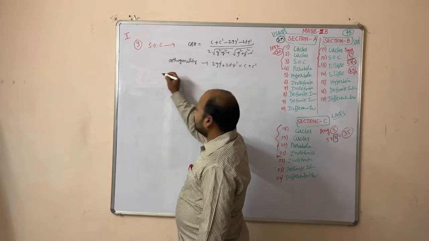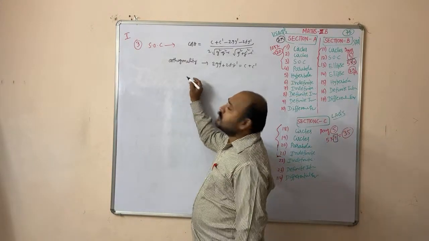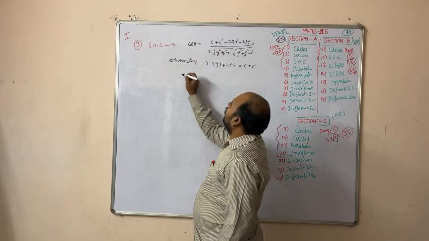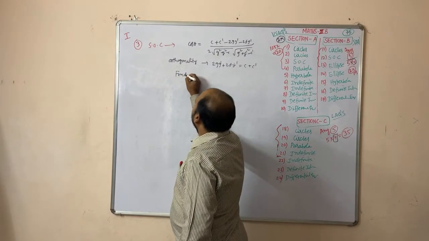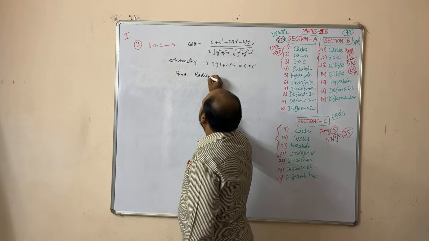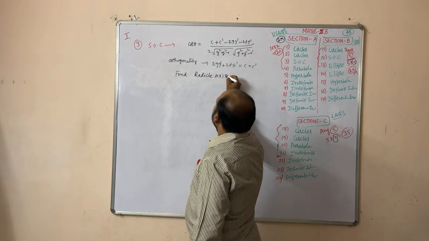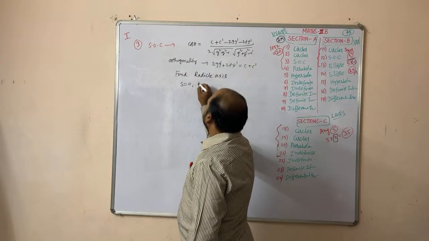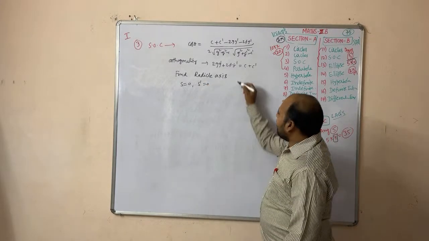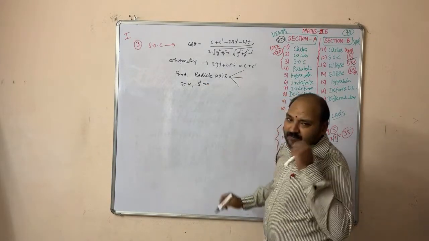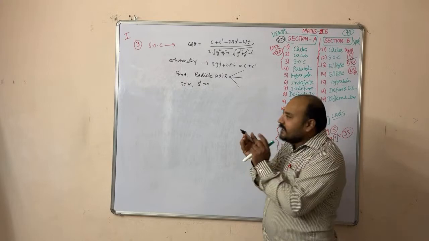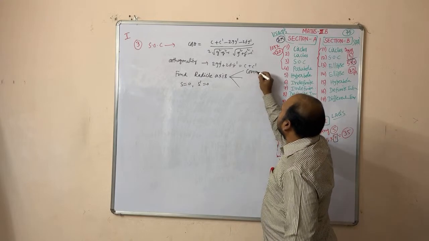Next, they will give two circles, S equal to 0 and S dash equal to 0, and ask to find the radical axis. This is the radical axis formula. When the circles intersect, we find the common chord.